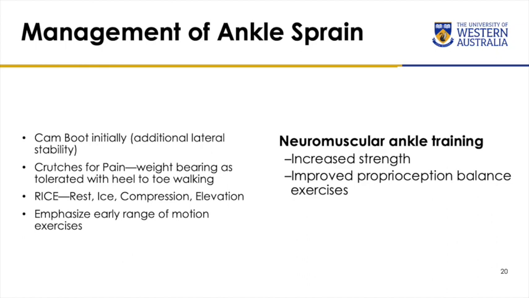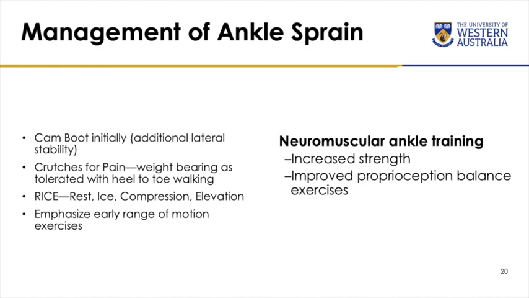Patient is normally put in a cam boot initially, and I generally leave them in the cam boot until they are walking pain-free, which may be 2 to 4 weeks for a simple ankle sprain. They can weight bear as tolerated, but some may need crutches initially.